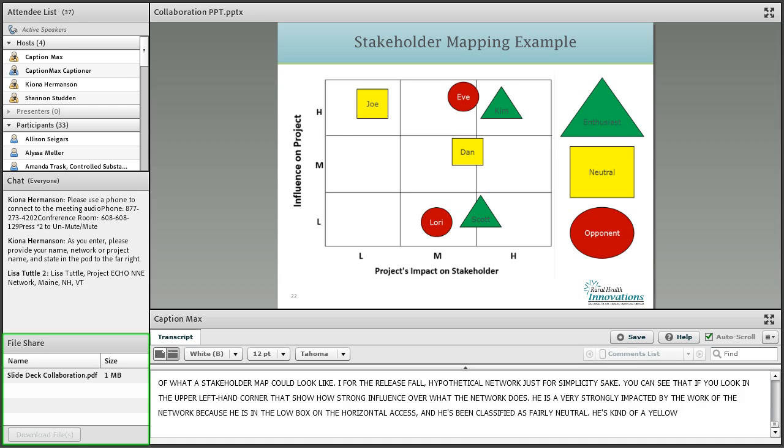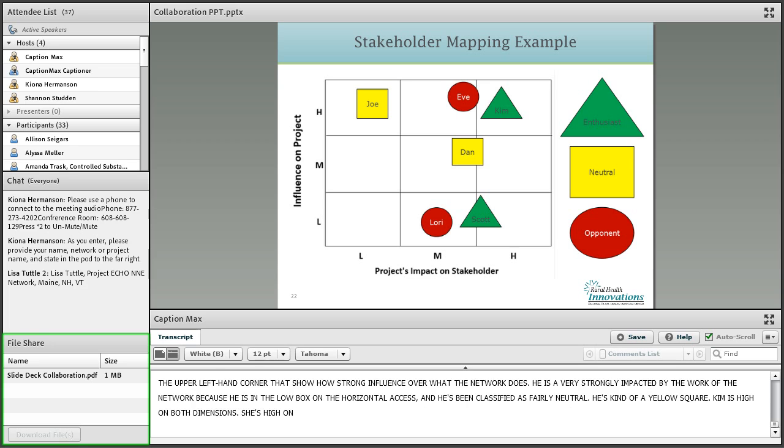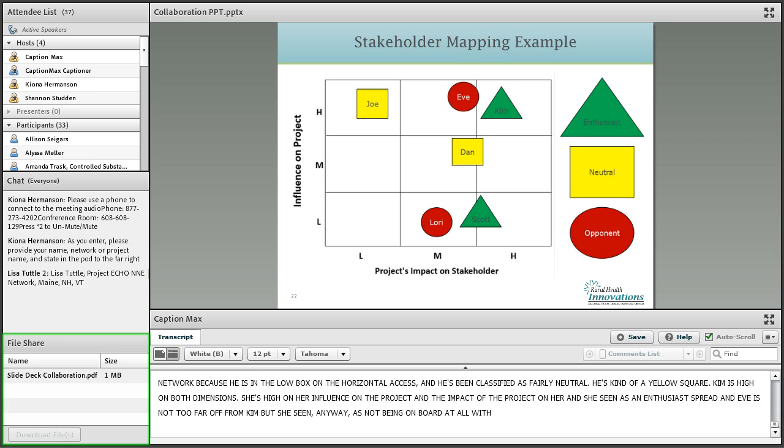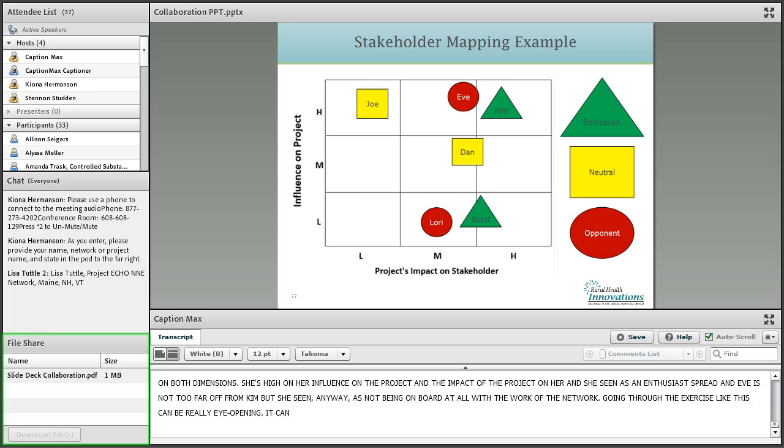You can see that on the horizontal axis, and their current attitude about the network. It's important to know that this is a tool for you to work through on your own or with a trusted ally. This is generally not something that you're going to want to share with your whole stakeholder group, but this is really for you to give you the foundation to work from. It can help you identify priorities and strategies for addressing stakeholder engagement.